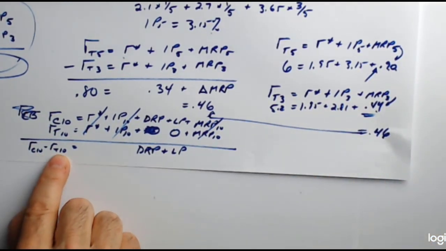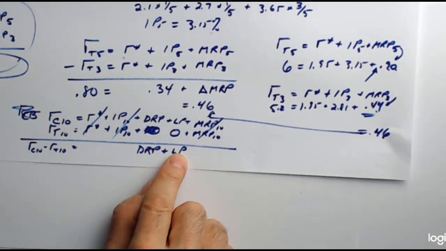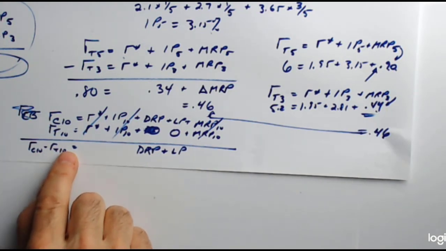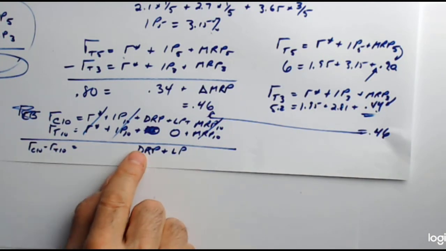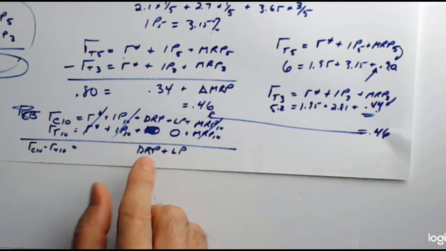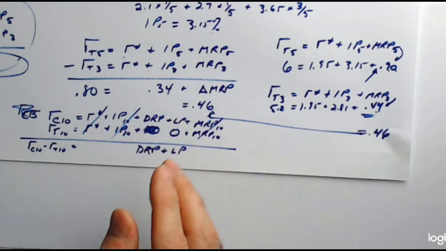And this says the difference between a 10-year corporate bond and a 10-year treasury is the default risk premium and the liquidity premium. So when you have the same maturity securities, the difference between a corporate bond and a treasury is going to be these two components. That's an important insight. It'll help you possibly, depending on the setup of the problem.